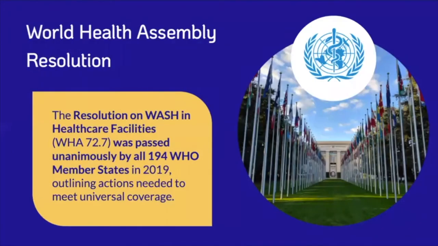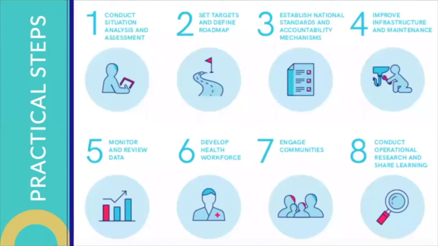Then in 2019, at the World Health Assembly, there was a resolution put forth on WASH in healthcare facilities that was passed by all 194 WHO member states. And it outlined the actions that are needed to meet universal coverage by 2030. Those actions have been outlined in what we call the 8 practical steps.